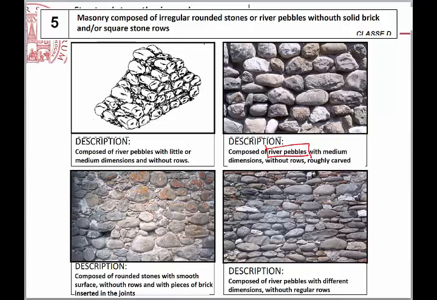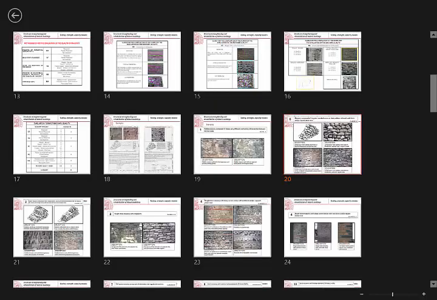And of course, when you have round shapes, in order to make a wall, you must fill the voids with smaller pieces, and then smaller pieces, and then there is some mortar. But you don't have any organization in terms of horizontal, vertical lines at all. So this also is a class D case of masonry.